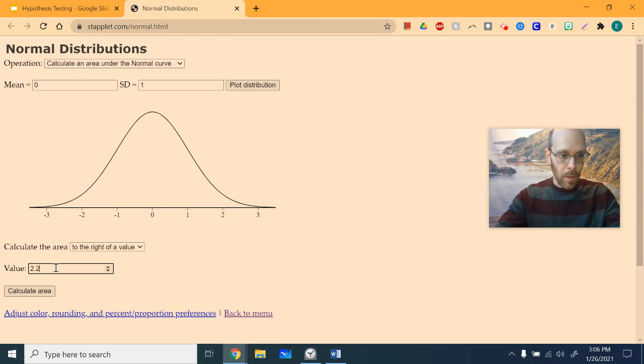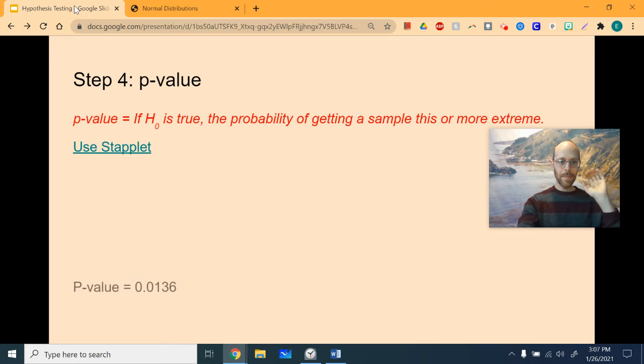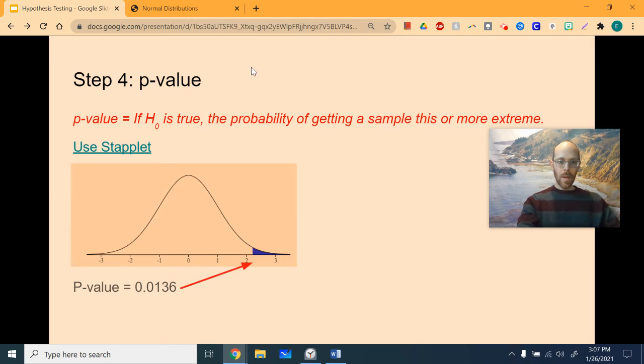I'm going to put in our test statistic, or our z-score, here of 2.2, calculate the area. It gave me a probability of 1.39%, and that is your p-value.